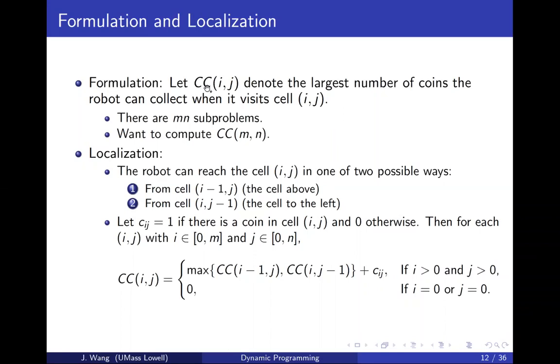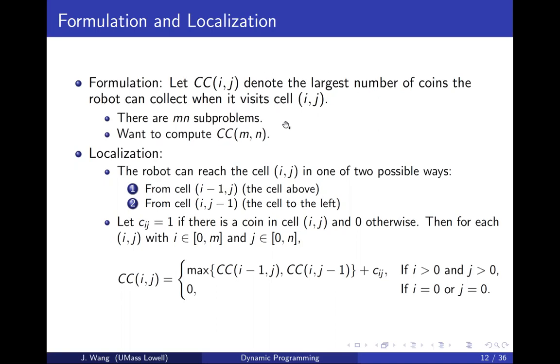Because you have 2 parameters, i can be from 1 to m and j from 1 to n. So altogether you have m times n subproblems. What I want to compute is C of m,n, because that's the lower right corner. That's what I want to compute.